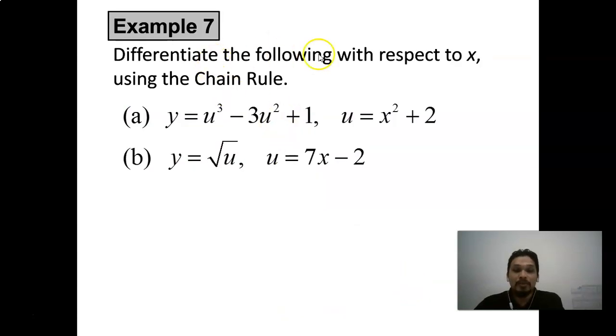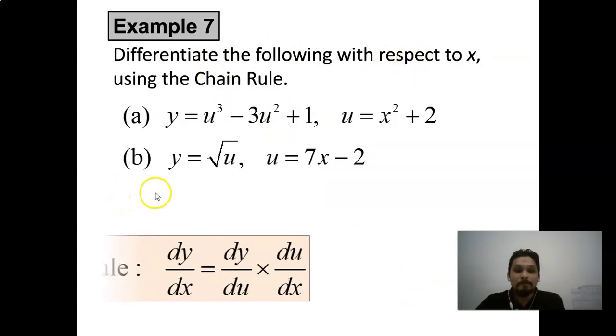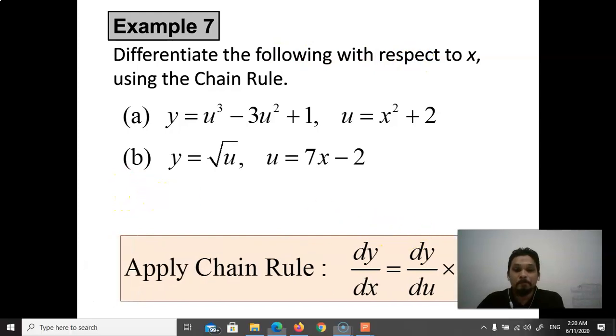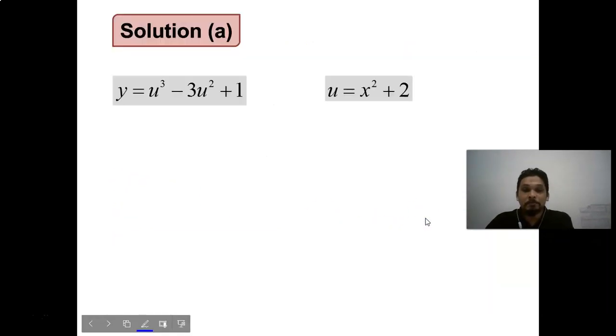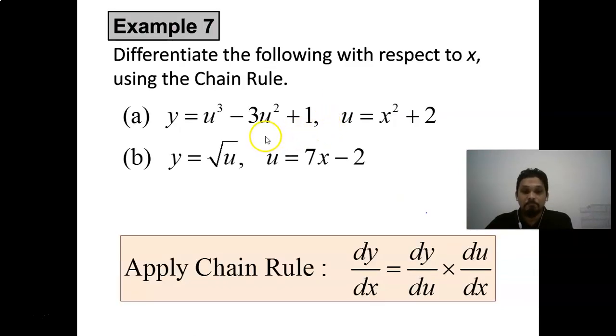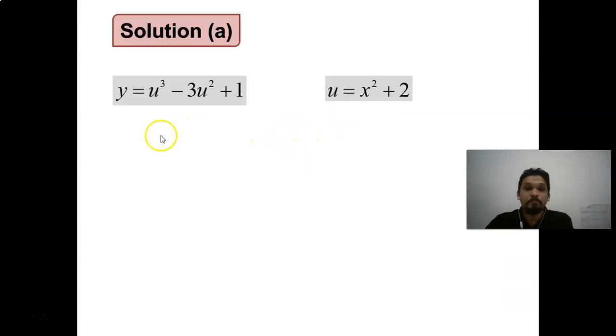So let's say, the first one in here. Then dy/du equals 3u squared minus 6u, then du/dx equals 2x.